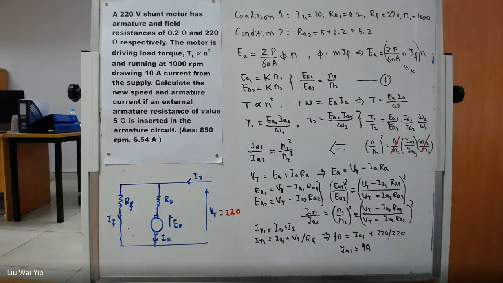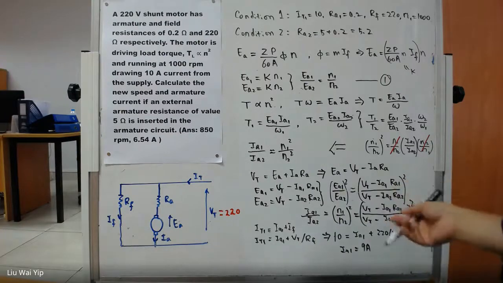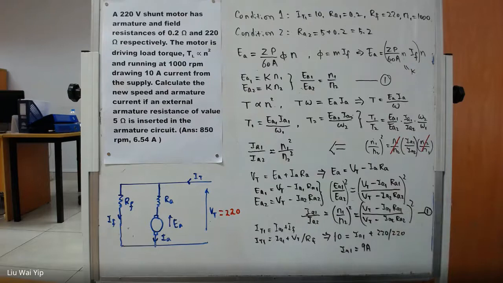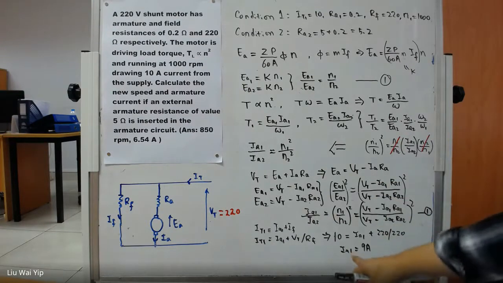So we have a few conditions. And now the most important equation is here. I will label this equation 1. And basically we have almost everything. So we can continue here as well.